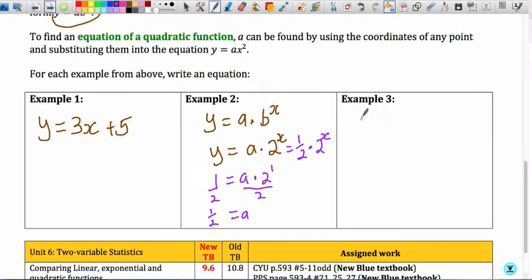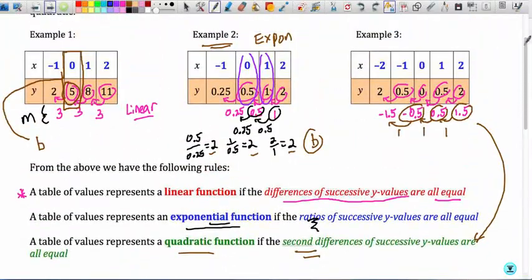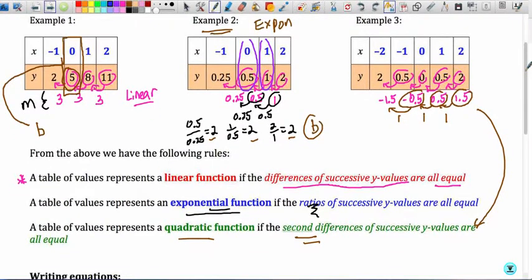And last but not least, for example 3, we are looking to find a quadratic function. As I mentioned before, we're only interested in quadratic functions in the form ax squared. We're not going to worry about bx plus c. If we come back up here, what you can see is the differences for us here simply confirm that this is going to be quadratic.